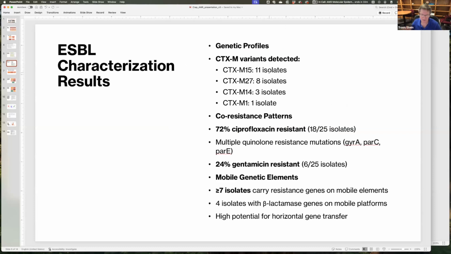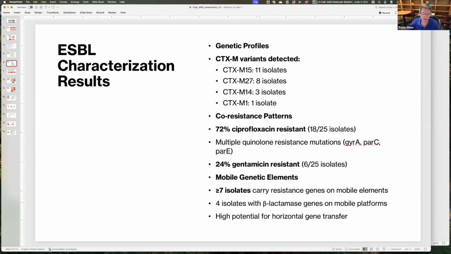there's a bunch of specific information about the types of resistance genes that we found, the co-resistance, what those patterns were. We have a variety of information on mobile genetic elements, whether the resistance genes are likely to be on mobile elements, right?